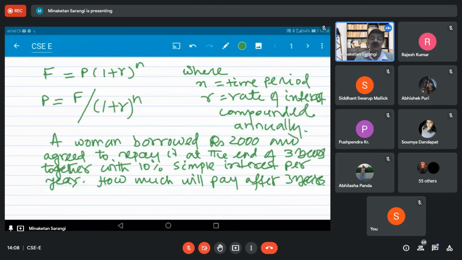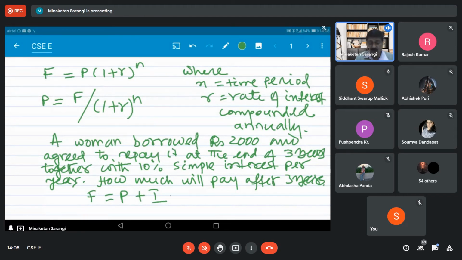So how will it go? Your future value here is the present value plus the interest, simply speaking, or solving it arithmetically.